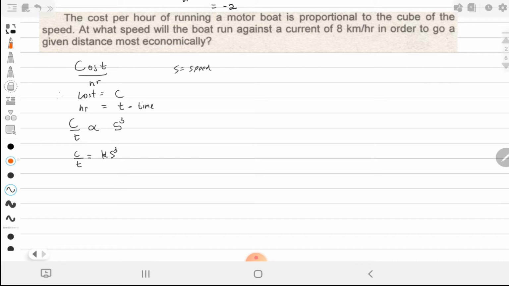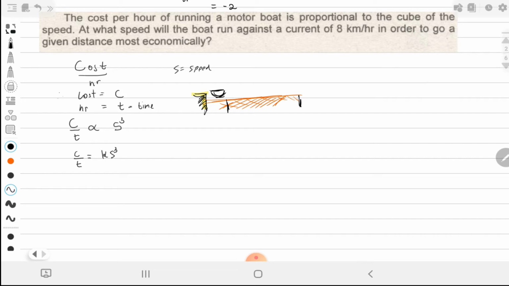If you have a boat, we need to draw it. So we have a boat, let's say coming from point A. And then it will travel a given distance.